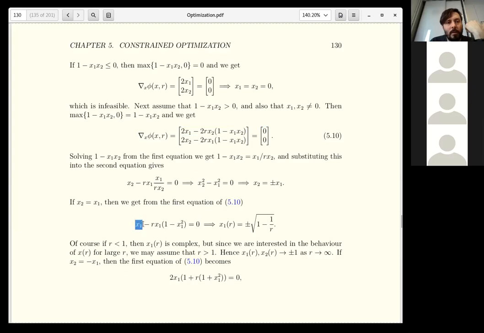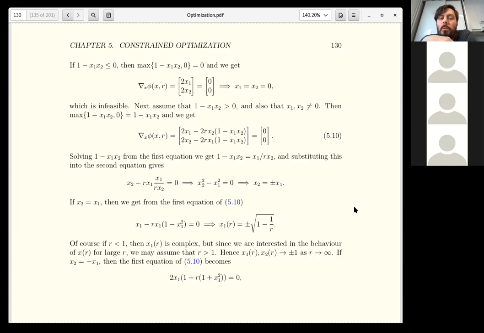So the first one becomes x1 minus r x1 times 1 minus x1 squared is equal to 0. And we get a solution for x with respect to r. So that x1 is plus or minus the square root of 1 minus 1 over r.